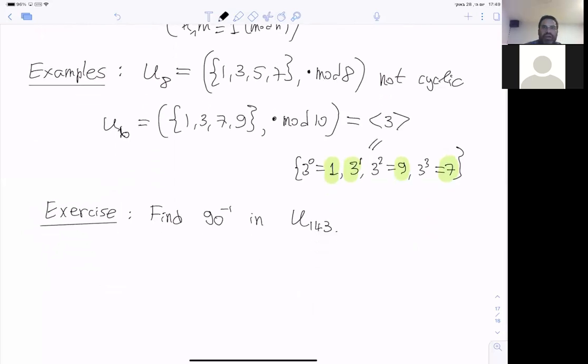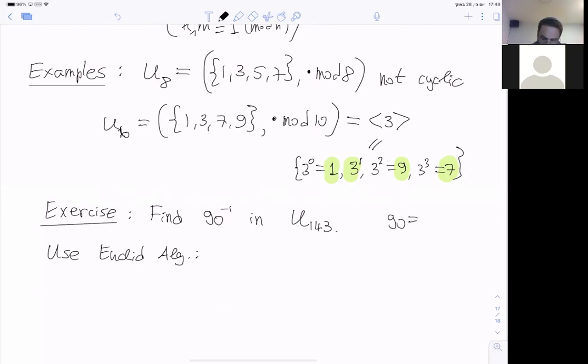Actually, I can use the Euclid algorithm to find the integral combination that gives you 1, and by this we will find the inverse of 90. So we are going to use the Euclid algorithm. Didn't you know that 90 and 143 are coprime immediately?